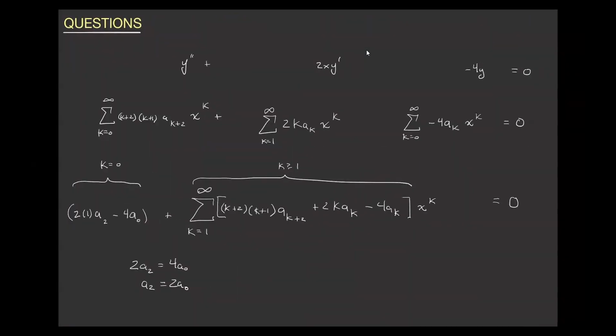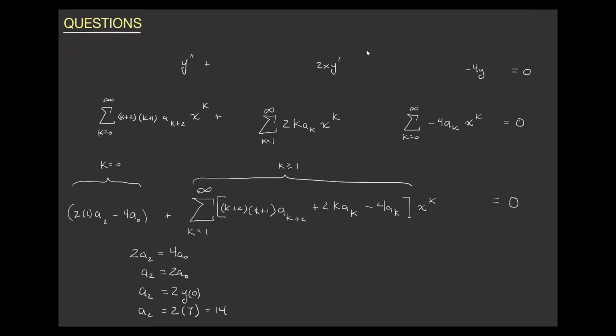So since y of 0 is equal to 7 and a naught is y of 0, that's the same thing as saying that a sub 2 is 2 times 7, which of course is 14. So we know a naught is 7. We know a sub 2 is 14.